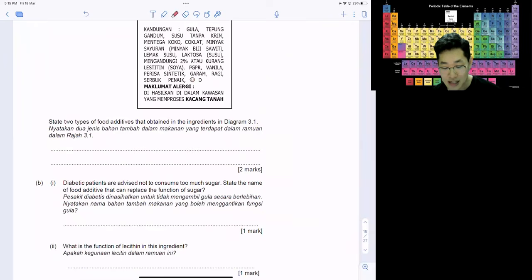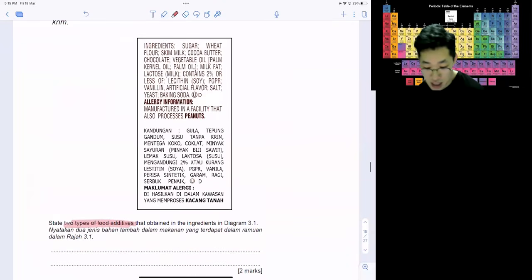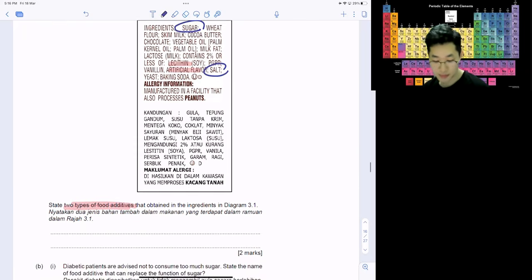Two types of food additive obtained in the ingredients. Let me see. Lecithin, artificial flavor, baking soda, actually salt, sugar, salt also can.